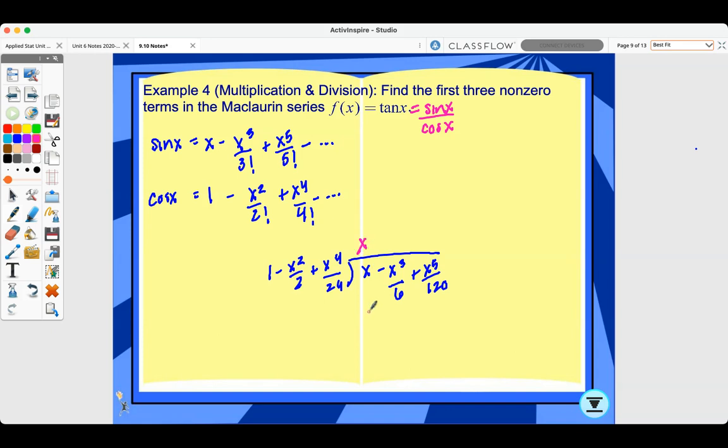I would go ahead and multiply through, and I get x minus x cubed over 2 plus x to the 5th over 24. Subtract this entire thing out, and you would get x cubed over 3 minus x to the 5th over 30.